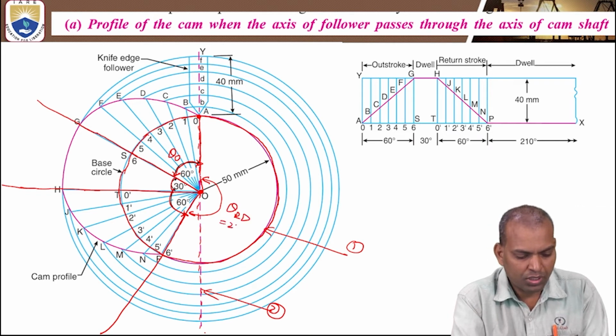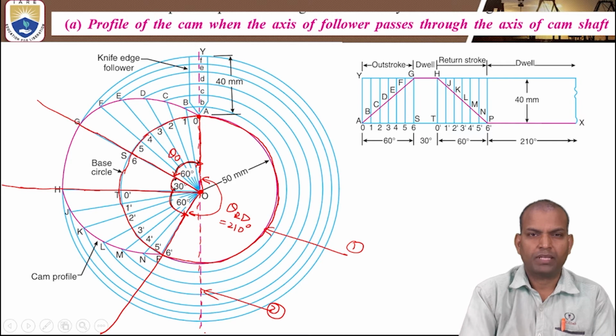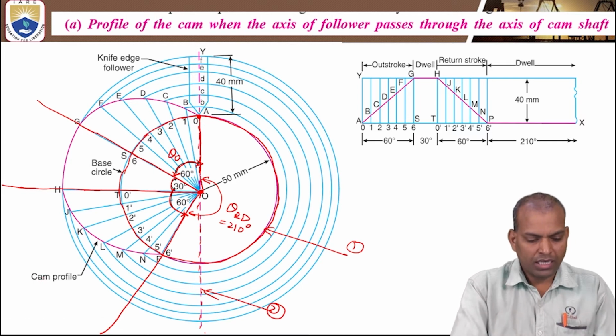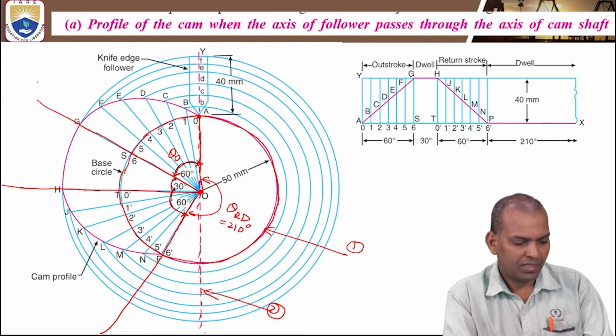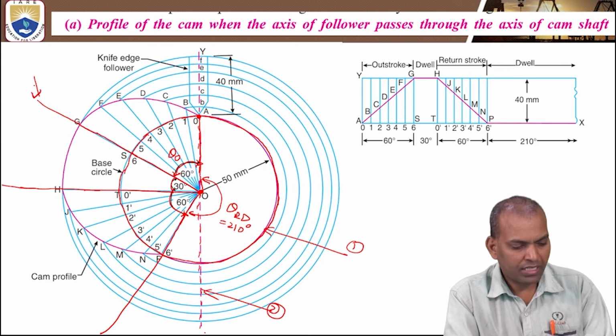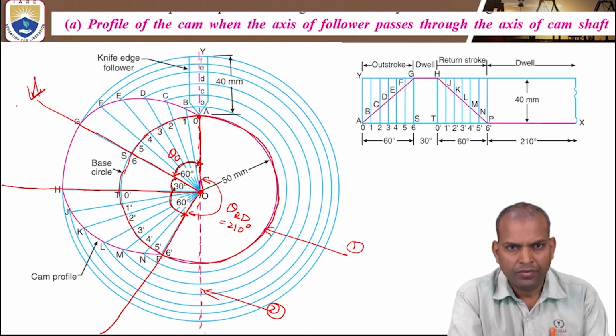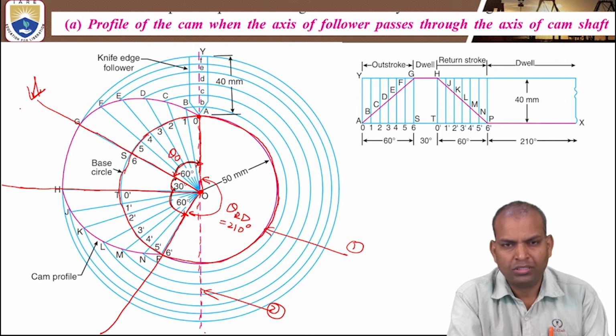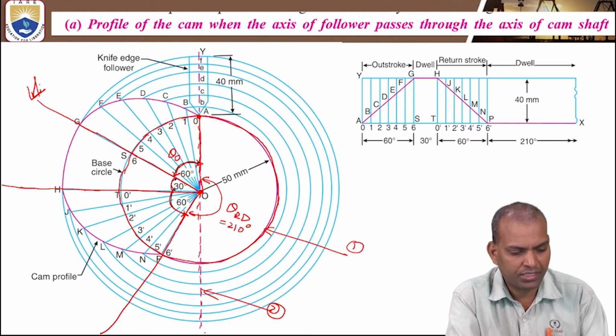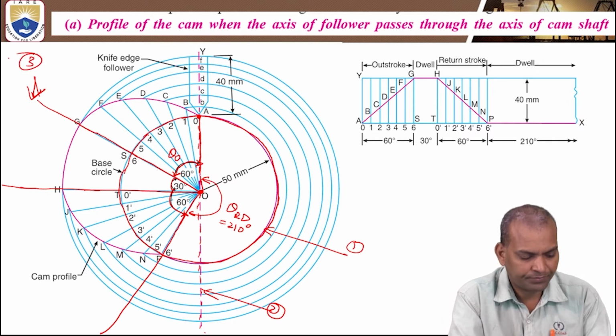That is 210 degrees. That is the third step. The third step is partitioning the base circle with the given outstroke, dwell, return stroke, and dwell during return angles.